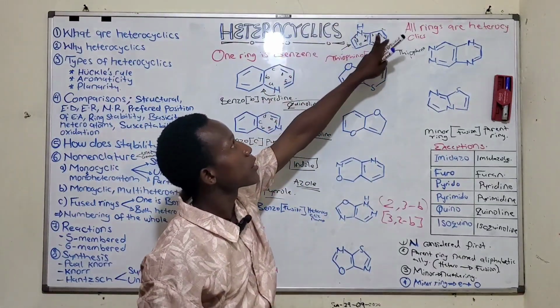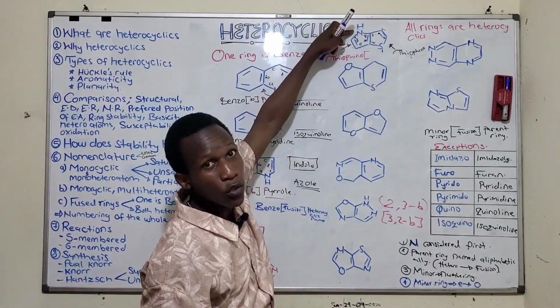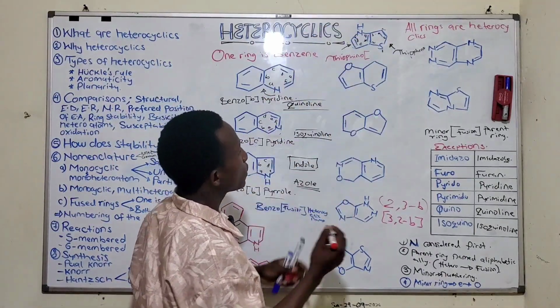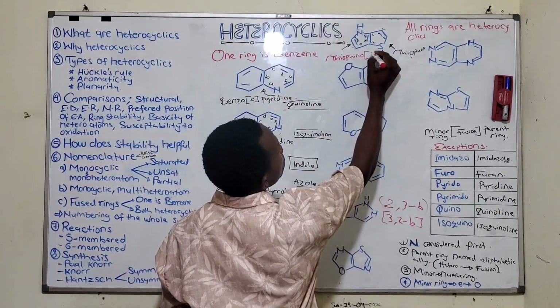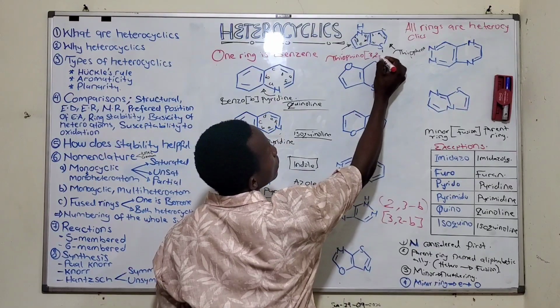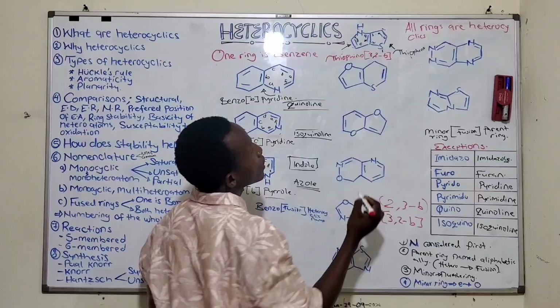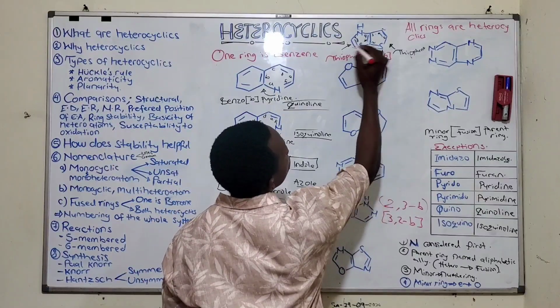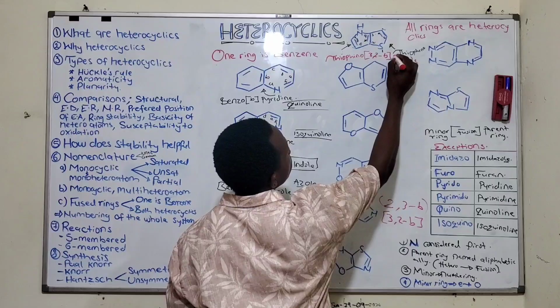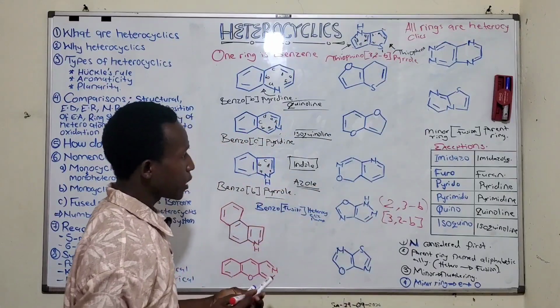So we begin with the 3 because it is near the first atom of the parent structure. So it will be thiopheno 3, 2, then face B of what? Of pyrrole. It will be like that.